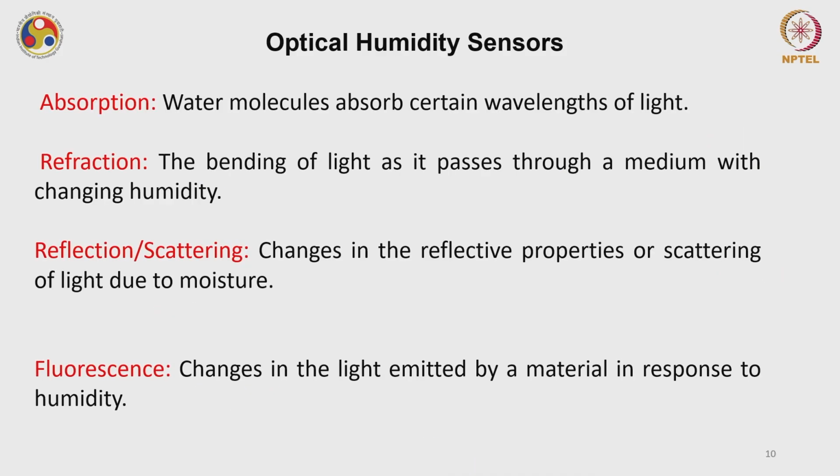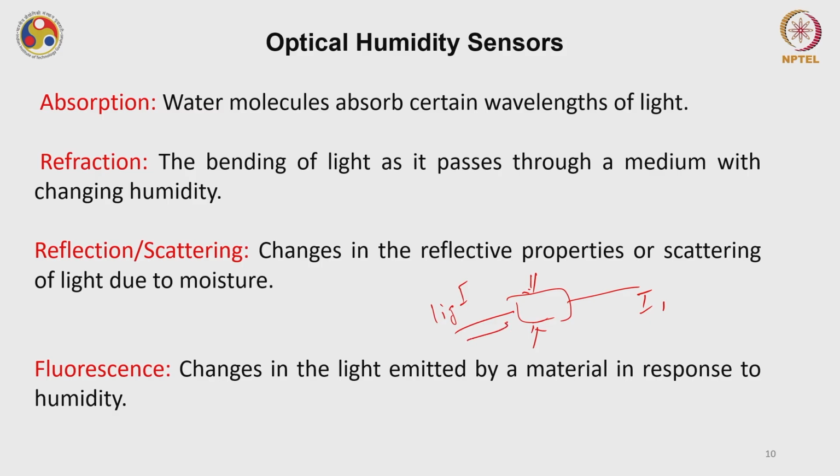So the absorption based humidity sensors are those where water molecules absorb certain wavelengths of light. So you have a setup where, say for example, I am passing light of intensity I, and when there was no water molecule inside, I have an intensity I1.